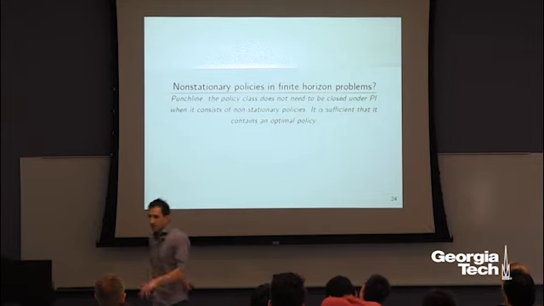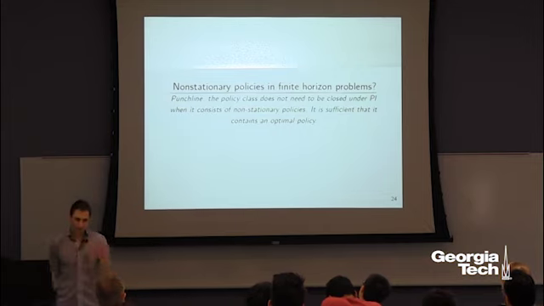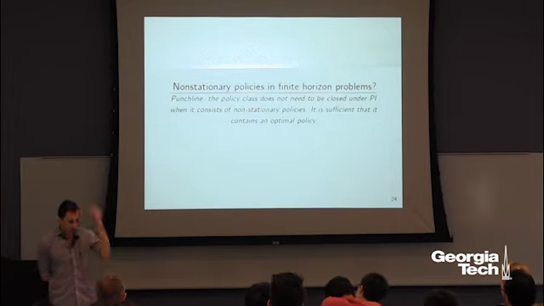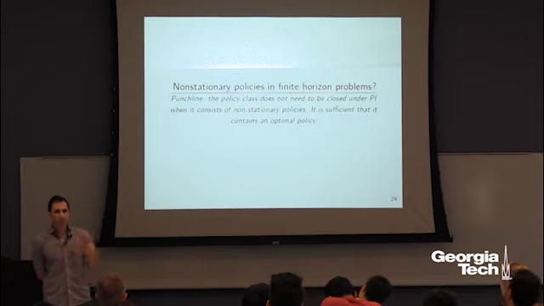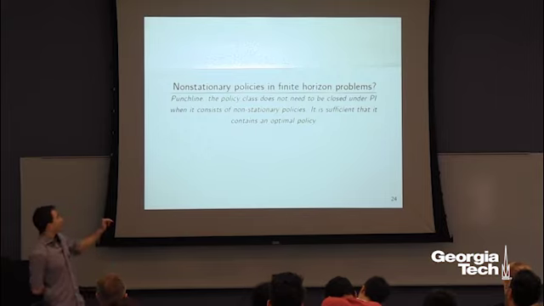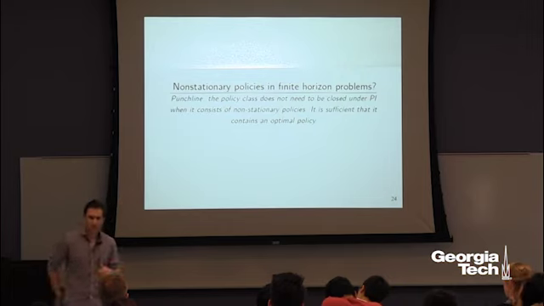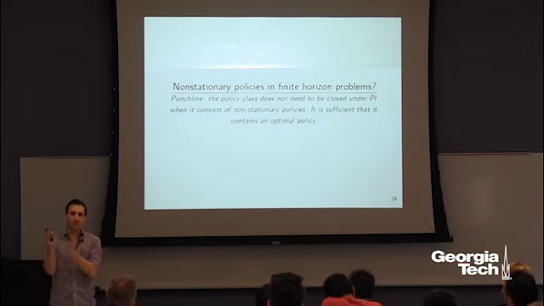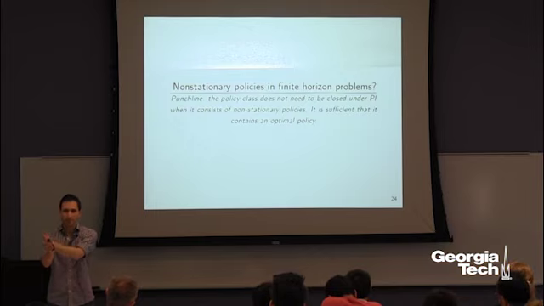Instead, if the policy class contains the optimum in that case, then you're good. And I think the intuition for this is policy closure was a way of reducing a many-period problem to one-period problems. And there's already something like a one-period problem in a finite horizon problem. It's the last period. And some magic happens.